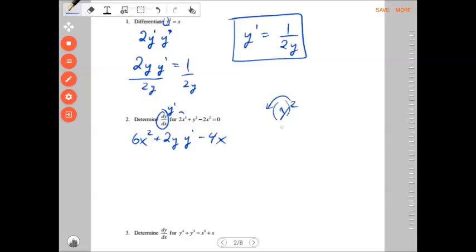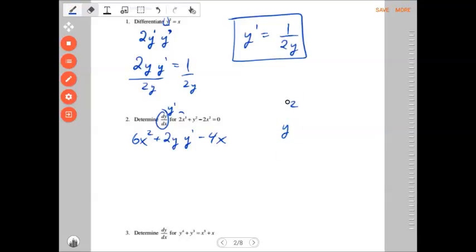The 2 comes down, so 2y to the 1. And then we have to differentiate the part in the bracket, so that is the y prime. Again, the y to the 1 and the prime kind of confuse things. So 2y, y prime. And you'll notice sometimes I write, sometimes I print, sorry. Anyways, so that part's that.